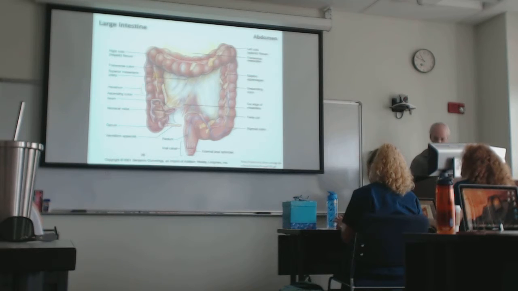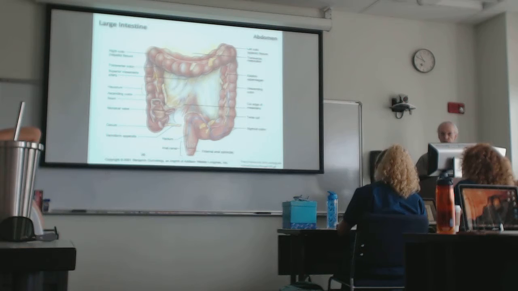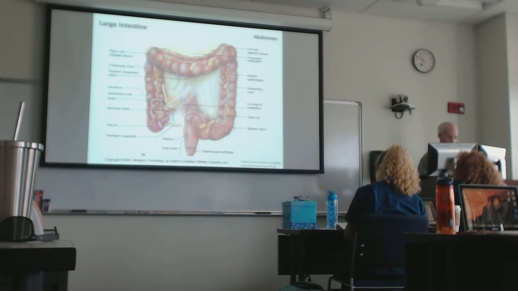We have an interesting little video we'll look at after the break that hopefully will delay your lunch. That's the sigmoid. Of course, you'll probably be involved in sigmoidoscopies and colonoscopies and so on. So you want to be familiar with that basic anatomy. Here's the rectum and anal canal we'll talk about probably next week. At least on Monday, we'll probably get to the anal canal. If you can wait until that point, if you can hold on to talk about the anal canal.